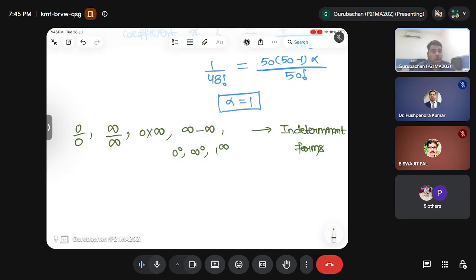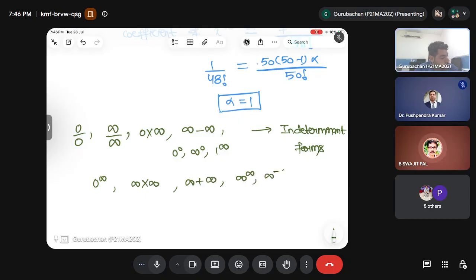So, what are not indeterminate forms? Is 0 to the power infinity an indeterminate form? Anyone? 0 to the power infinity is not an indeterminate form. This is 0. And infinity into infinity, or infinity plus infinity, both are infinity.